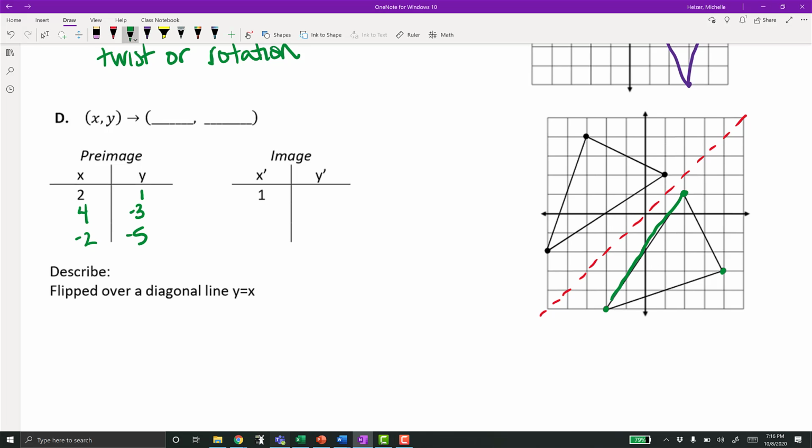And now I'm going to go ahead and do my image. So 1, and that points at 2. And then -3, 4, -5, -2.